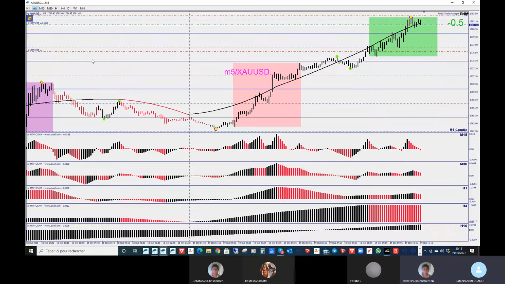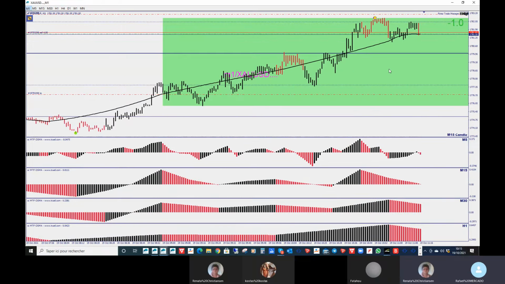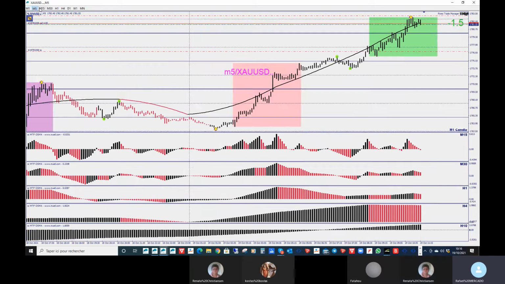Again, the 1 minute, we have kind of an entry, but the trend line is what concerns me.